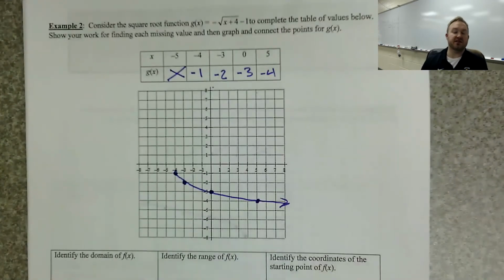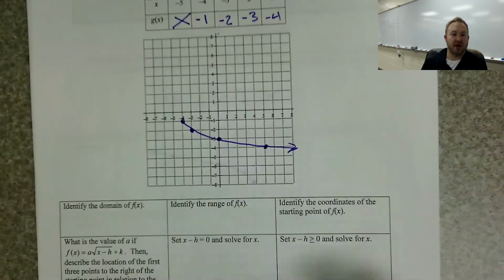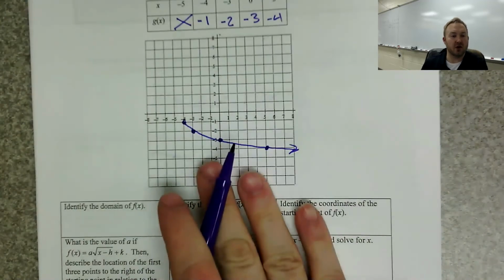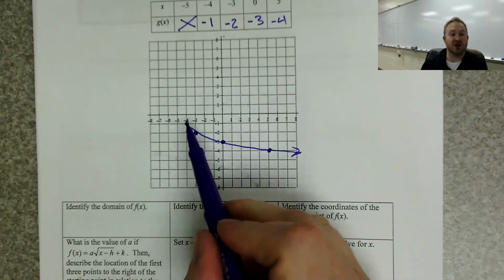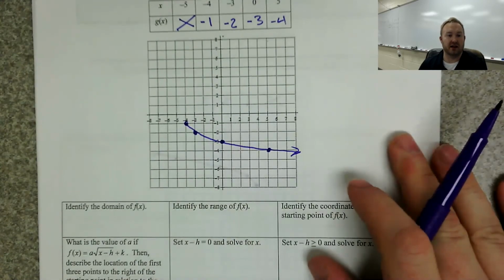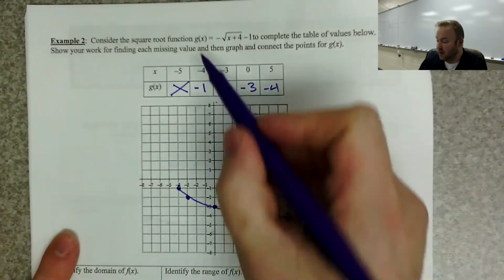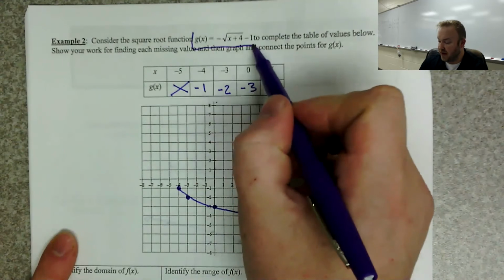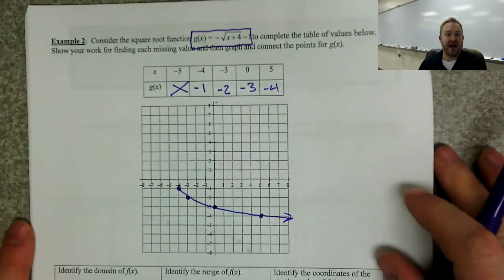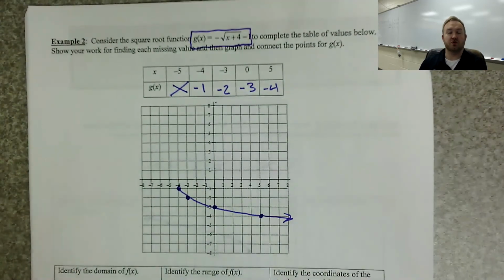And again, notice that this time it's just kind of the bottom half of the parabola. Okay, for the domain, now we can look at the graph and very easily see that the domain is all numbers greater than or equal to -4. And that's fantastic, but we need to be able to get the domain by just looking at that function. So I'm going to use what we learned on the last page to discuss this.